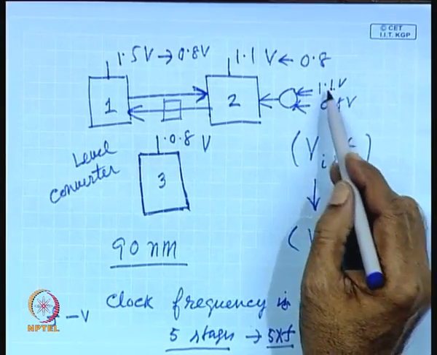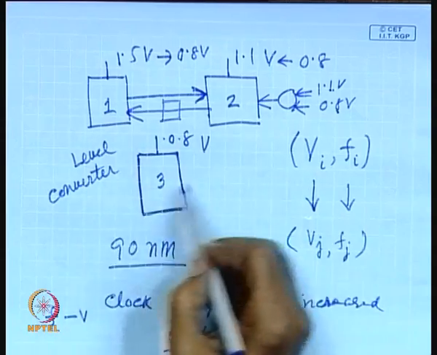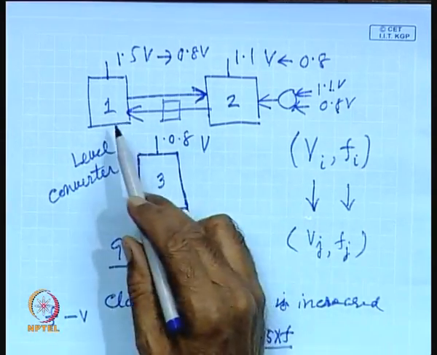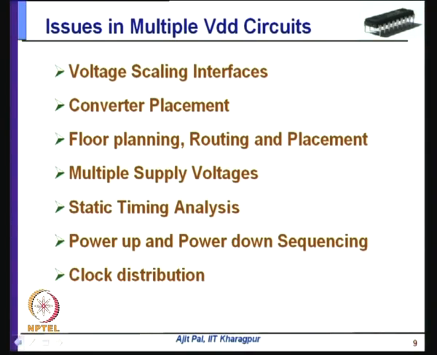So, how you will do that, in which order you will do it, and whenever it is a complex circuit, we have got multiple voltage domains, this power up and power down sequencing becomes a very important issue, and the sequencing has to be done properly for reliable and correct operation of the circuit.